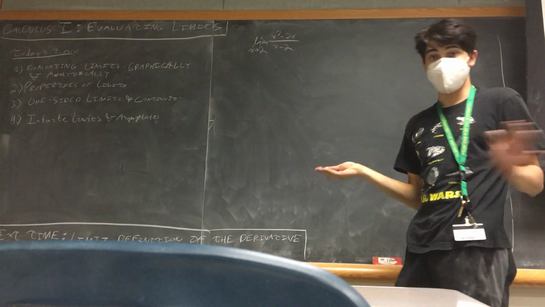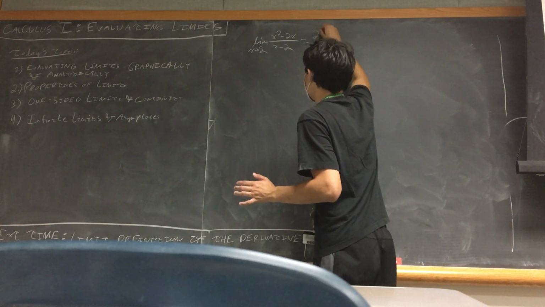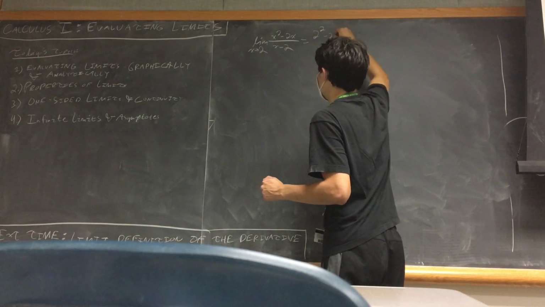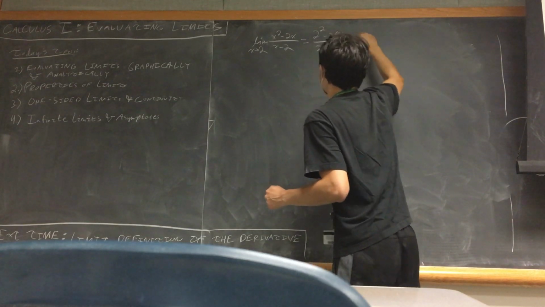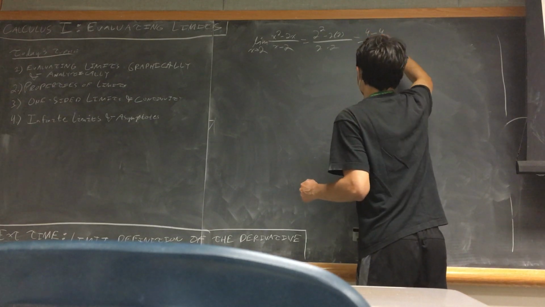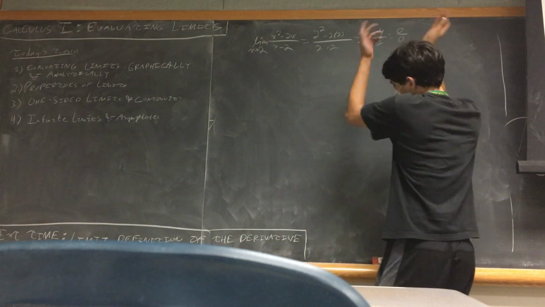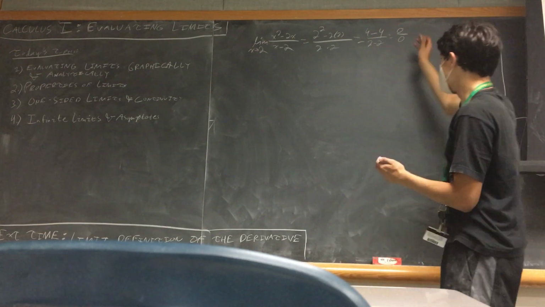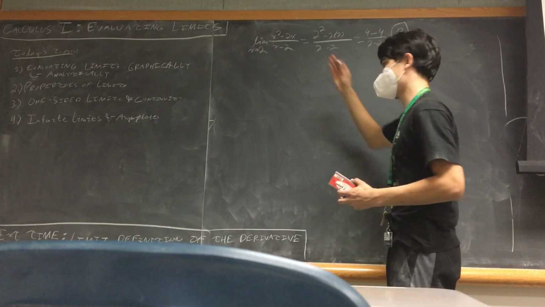Now, let's start by trying direct substitution, see what it gives us. So we say 2 squared minus 2 times 2 over 2 minus 2. So 2 squared is 4, minus 2 times 2 is 4, over 2 minus 2, which is equal, well, it's a 0 over 0.